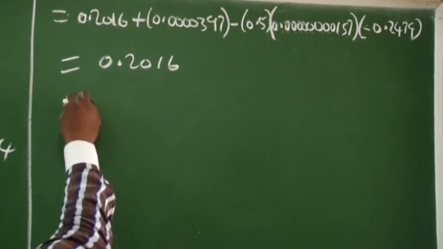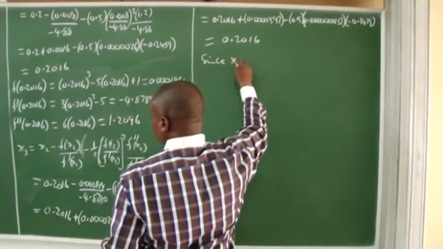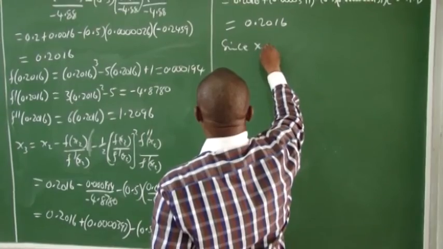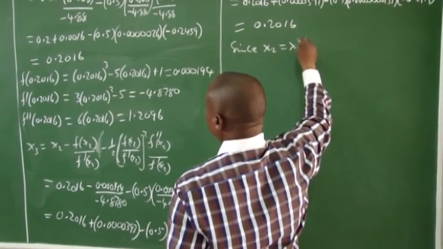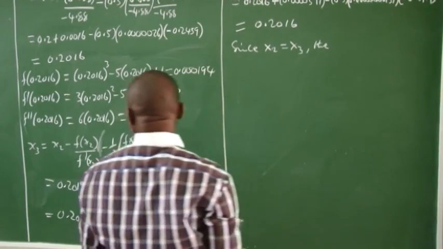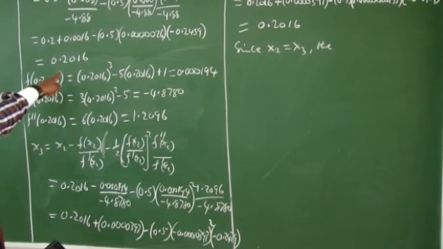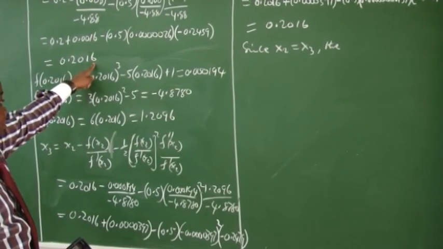Now, if you look at this, you see that since x2 equals x3, the root converges at x equals 0.2016. For x2, we had 0.2016.